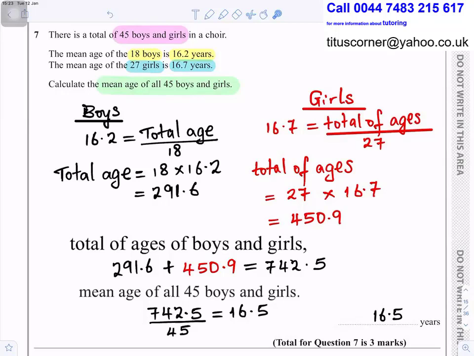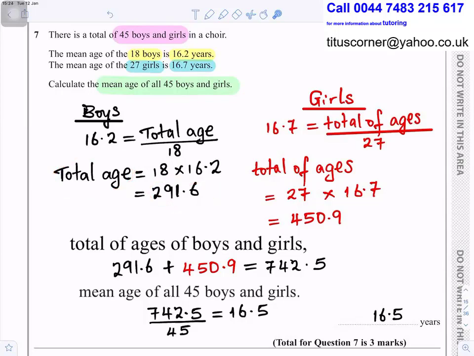So 16.2 mean equals the total age divided by 18, using the formula for finding the mean. So the mean is equal to the total divided by how many there are, which is 18. So if you take 18 to the left side, 16.2 times 18 gives you 291.6. So the total age for the boys is 291.6.